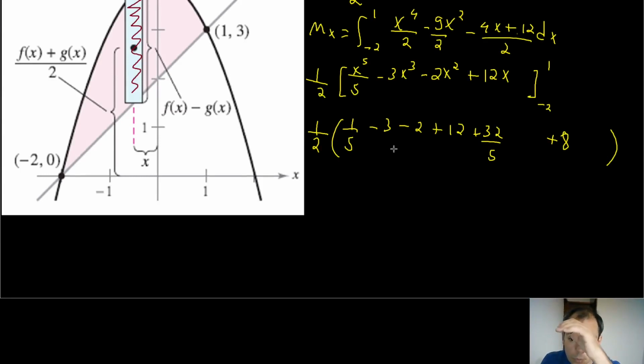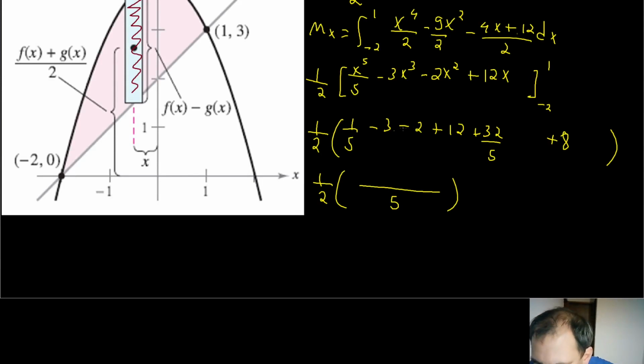Okay, and now let's just say that it's half times, so it'll be, the whole thing is going to be 5, right? But here's the stuff, I'm going to add all these things. So it'll be minus 5 plus 12, 7, 15.